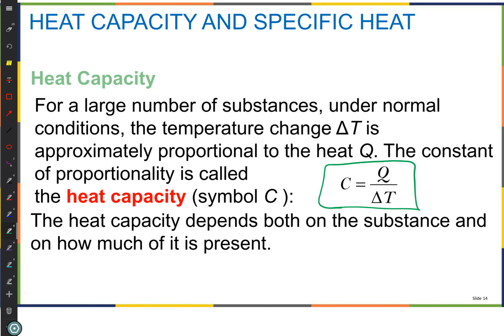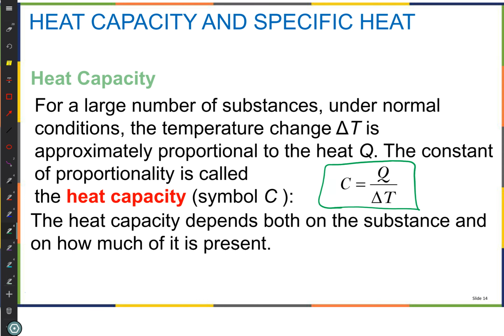The heat capacity is simply defined as the ratio of heat to change in temperature. And so if I have a small block, the temperature is going to increase more for the same heat than if I have a big block.